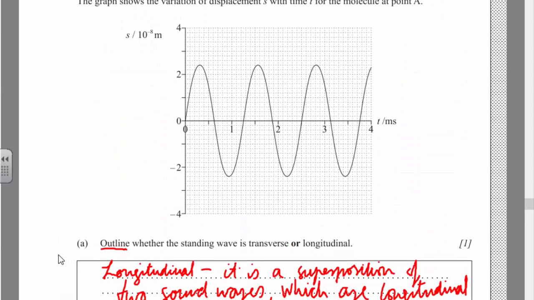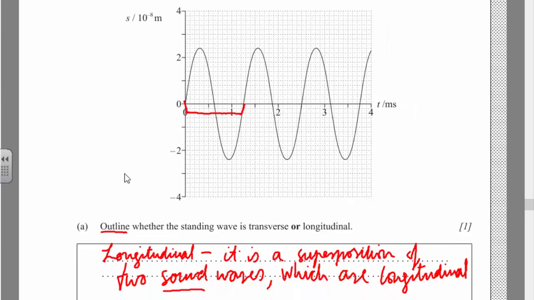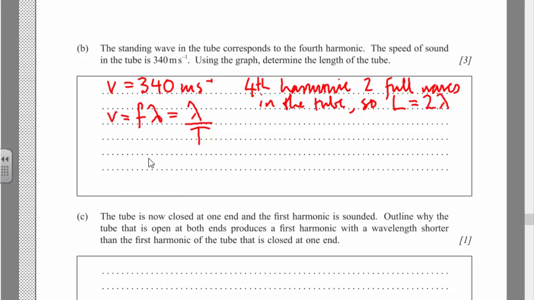Here we can see it's in milliseconds. So one time period, this is one time period, and that looks like it is 1.3 milliseconds. From the graph, T is equal to 1.3 times 10 to the negative 3 seconds. What we want is lambda, really.